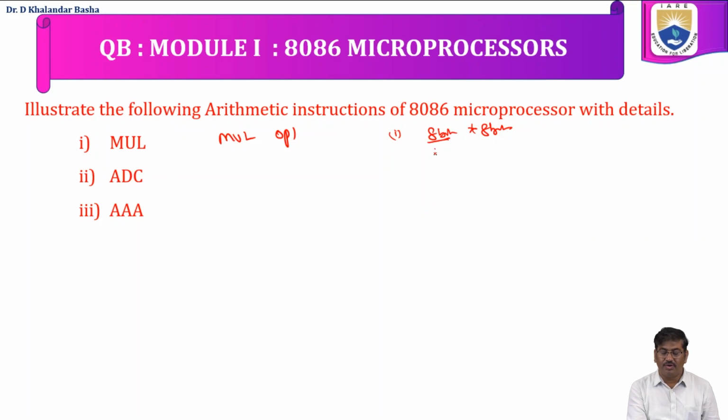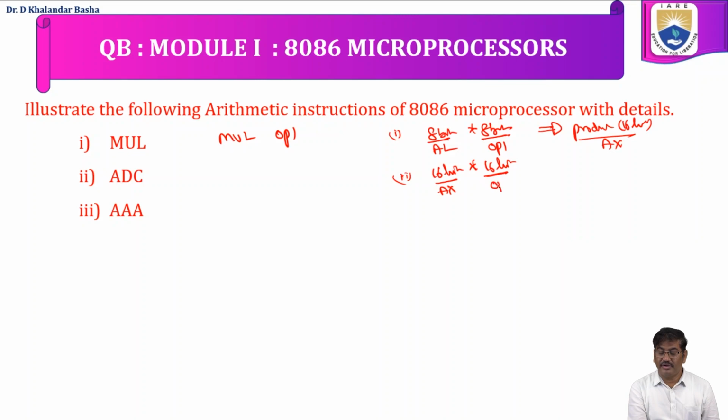One of the 8-bit values, the multiplicand, is loaded into the AL register. The multiplier will be in the operand 1 position in the instruction. After multiplication, the product, which is of 16-bit size, we can see in the AX register. The second case is that we can multiply 16-bit data with 16-bit data. The multiplicand we can have in the AX register.